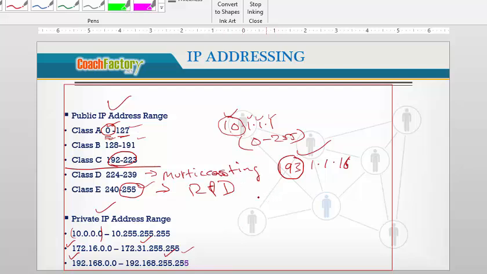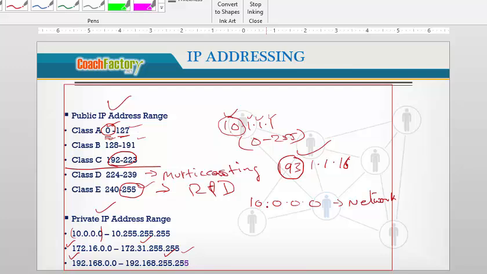So how do we write an IP address? We'll write like this: 10.0.0.0. This is not an IP address. This is something known as what? A network. How can I say that this is not an IP address? This is a network, because an IP address cannot be all zeros.